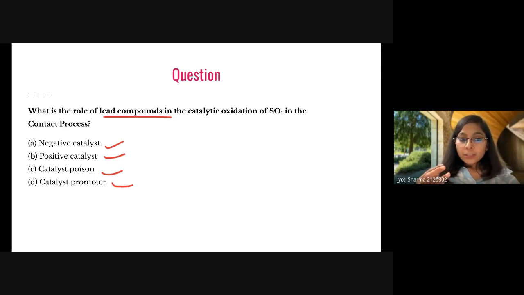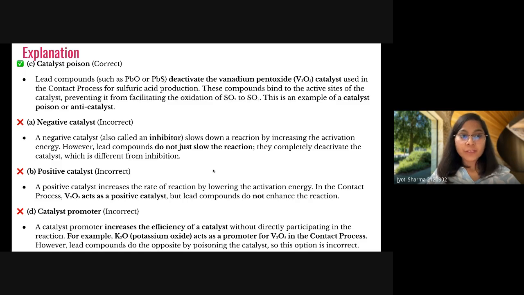So the compound that will enhance the activity of the catalyst is the catalyst promoter, and the compound that will inhibit the activity of the catalyst will be known as the catalyst poison. And we already have talked about it. So the lead compound is nothing but the catalyst poison. So C is the right answer. And let me tell you how. I have the explanation for this.